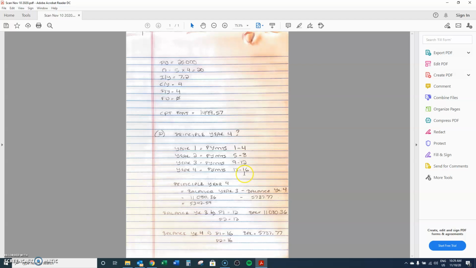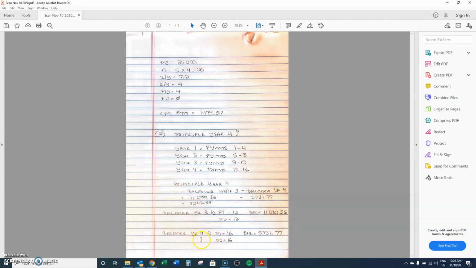So we use our amortization worksheet, and for the balance at the end of year 3, our P1 and our P2 are both 12. What is the balance of the loan at the end of the 12th payment at the end of year 3? The balance is 11,080.36.